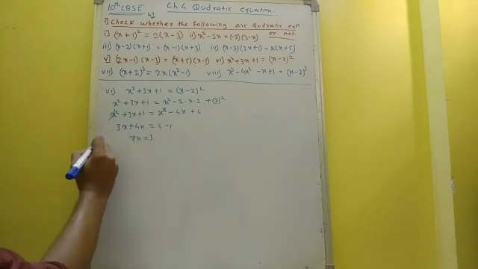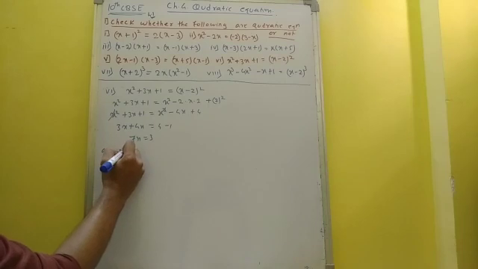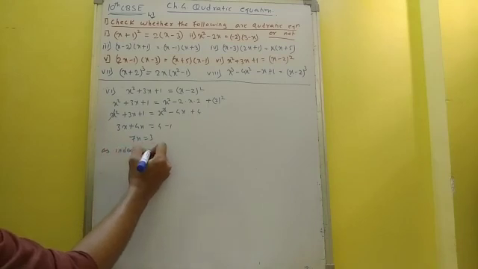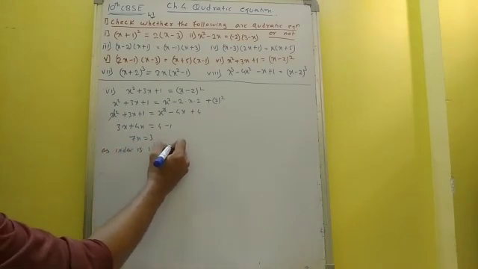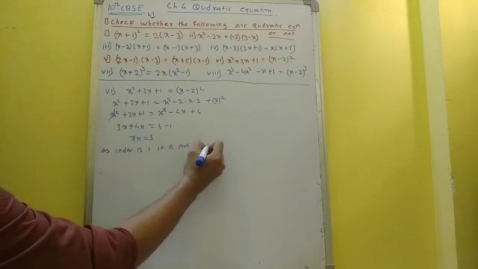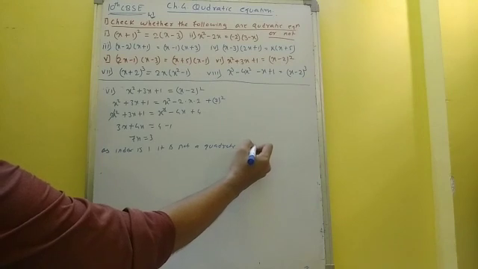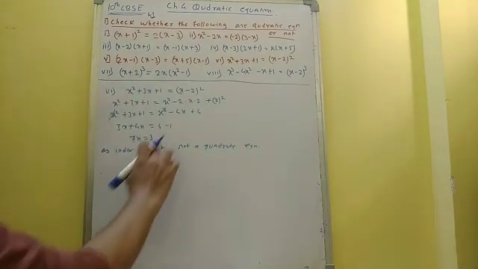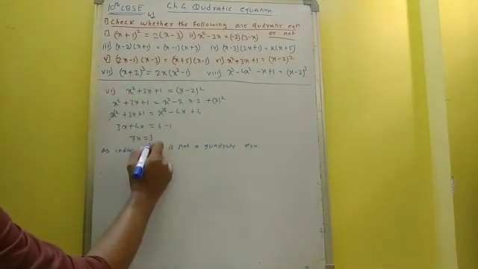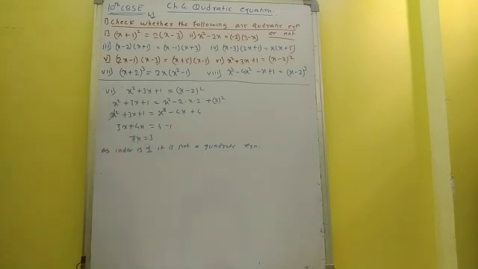So as index is 1, it is not a quadratic equation. Okay, as index is 1, it is not a, index should be 2, then only it is a quadratic equation. Okay, take the screenshot. I will do the seventh one.